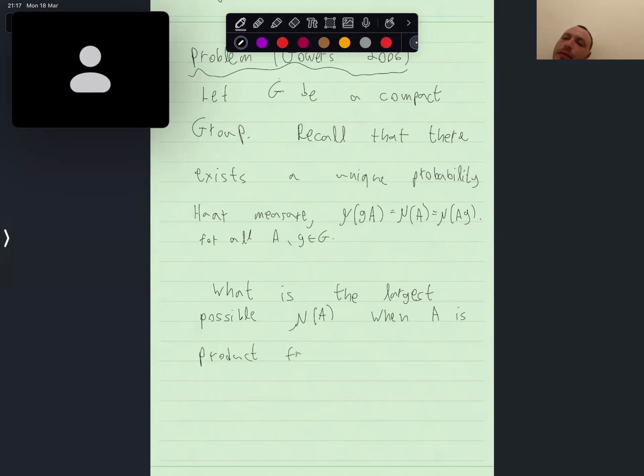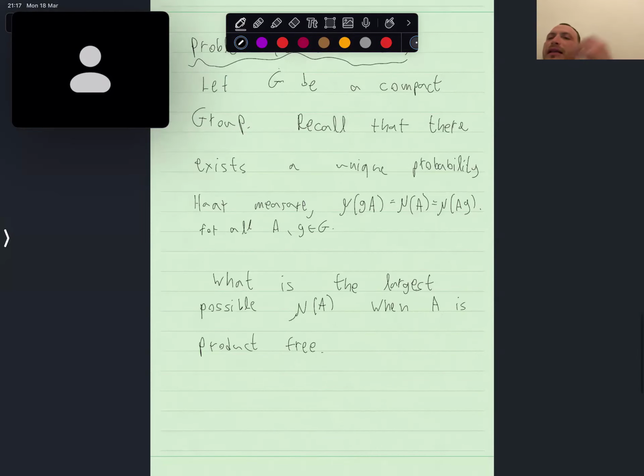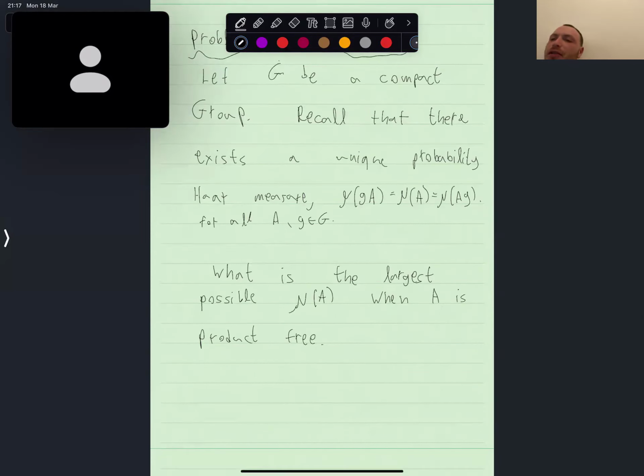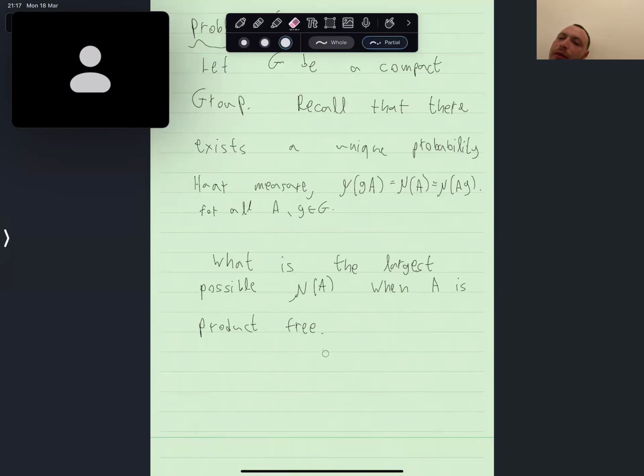Basically the same problem makes sense for compact groups once you replace the density of A by the measure of A with respect to the probability Haar measure.